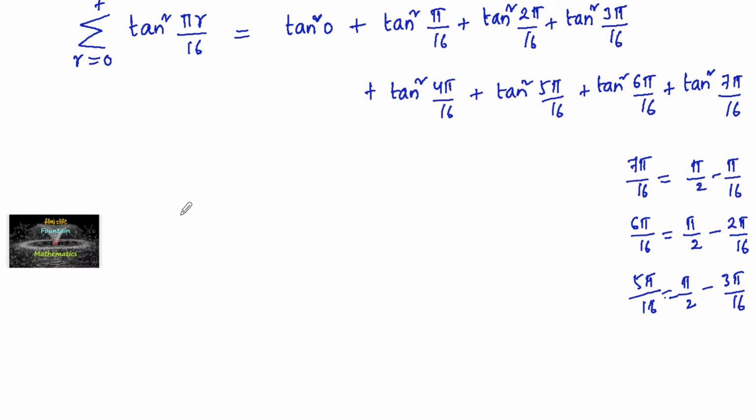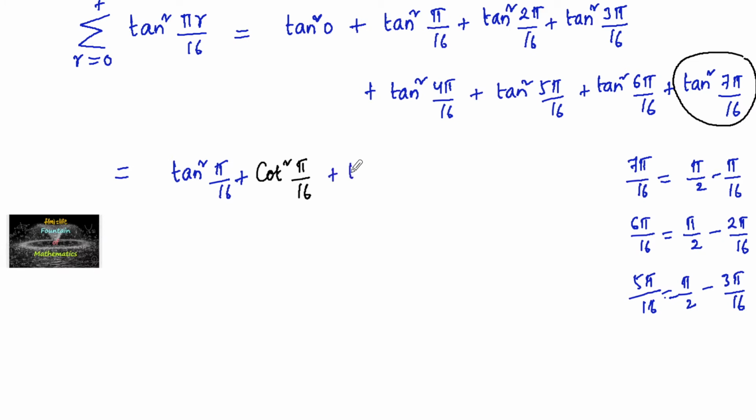It's a complementary angle. So tan square 0 is 0. So tan square pi by 16 plus tan square 7 pi by 16 we can write as cot square pi by 16, and next plus tan square 2 pi by 16, and 6 pi by 16 we can write as cot square 2 pi by 16.